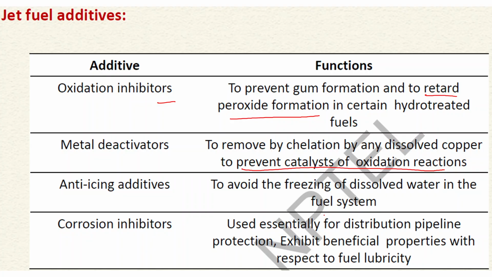So at lower temperature these waxes may form crystals and disrupt the flow of the fuel. Moreover, another thing is if there is some amount of dissolved water present in the jet fuel.